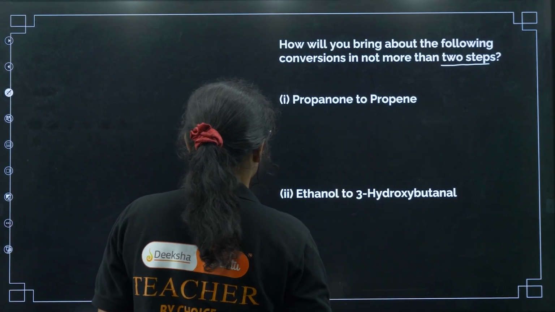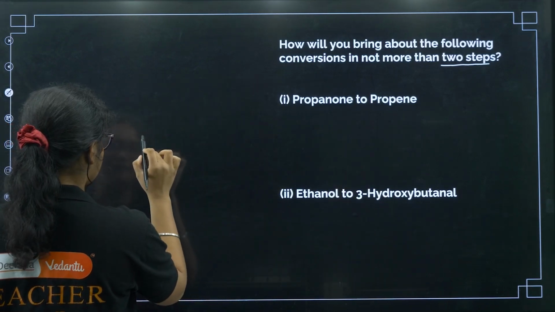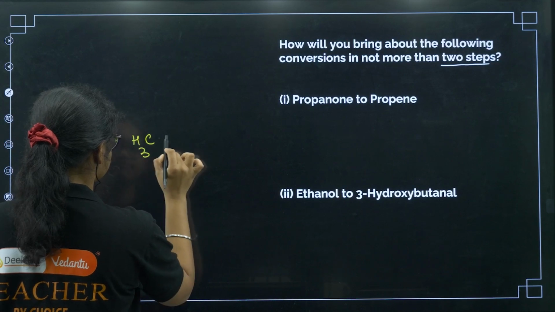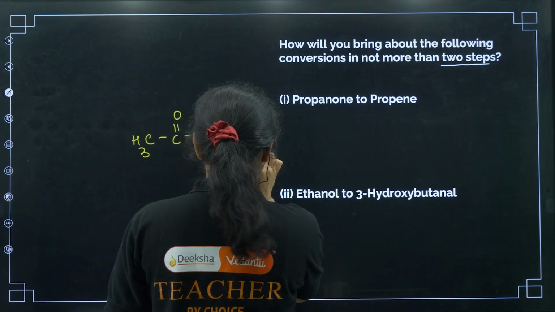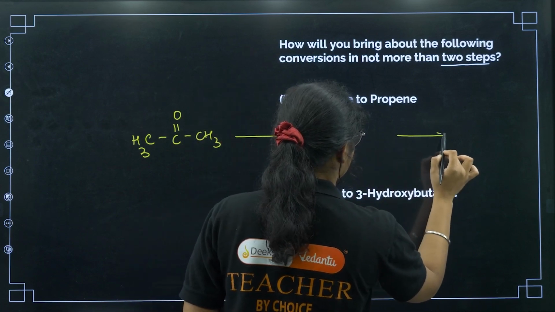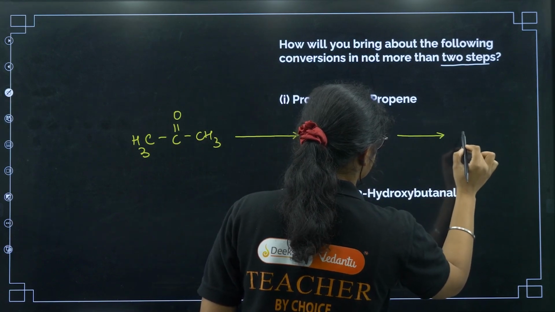Propanone to propene. So we have propanone, and we can use only 2 steps, and this one has to be propene.